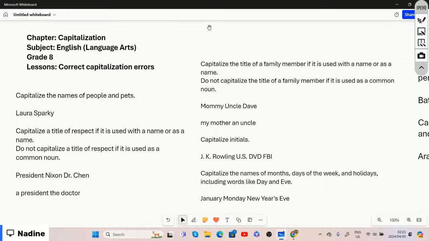Initials we capitalize, right? Members of the family we capitalize only if it is used as a name, but not if it's used just as a common noun, right? Rivers, mountains, states, regions, we capitalize. Geographical features we capitalize.